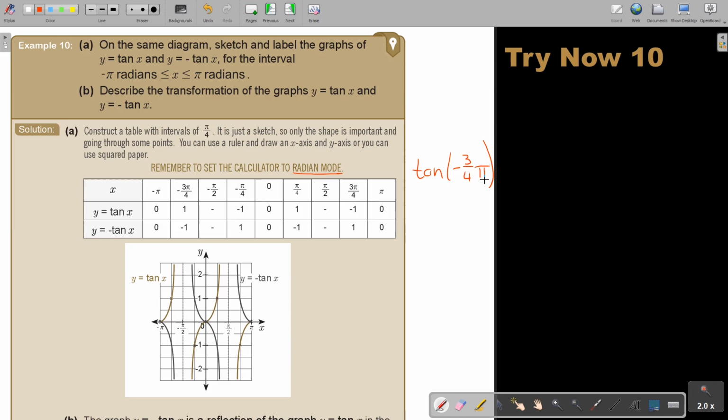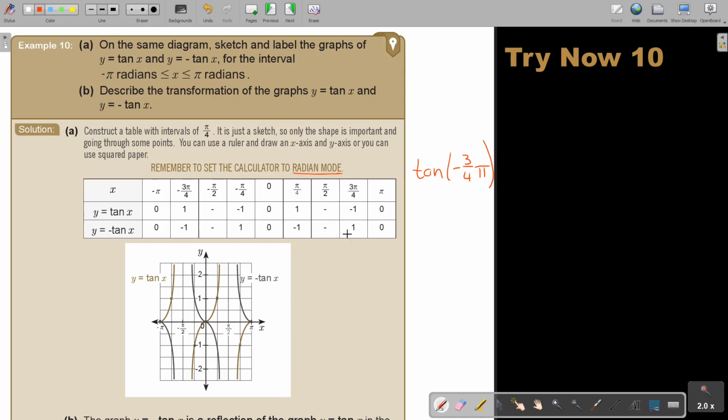On radian mode, just press tan bracket negative 3 divided by 4 multiply pi, close the bracket, and what do I get? 1. If I press tan of negative 0.5 multiply shift pi, close the bracket, maths error. That is giving you that asymptote. Okay. And then you do it with each one.